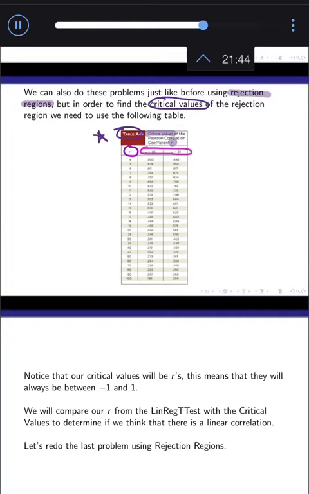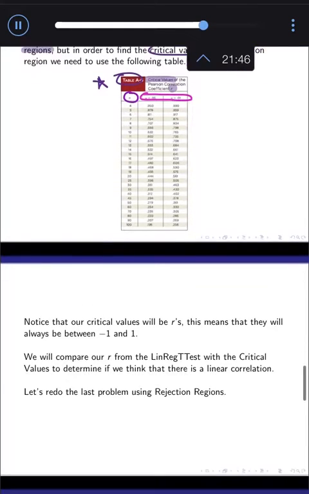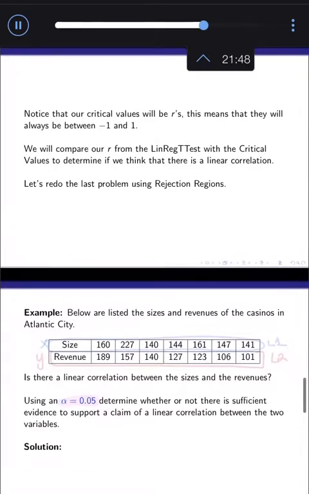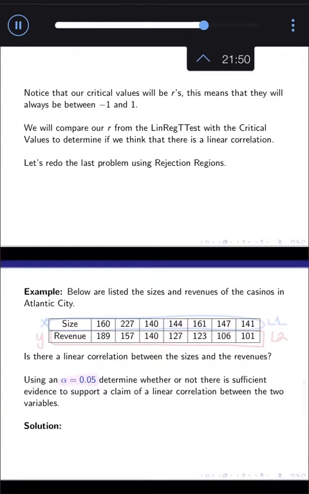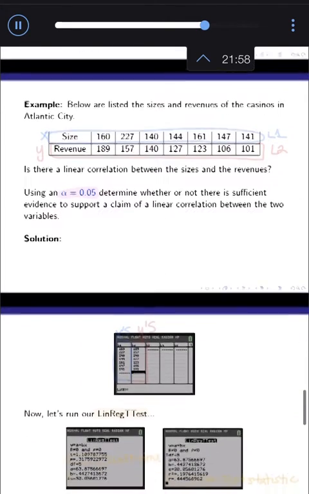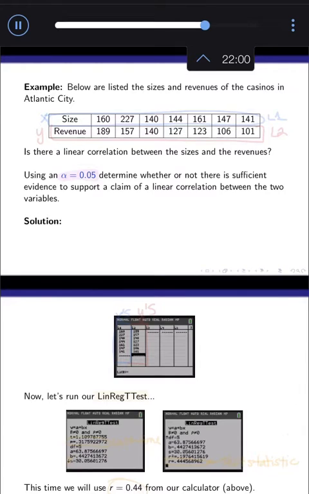So let's go ahead and use our LinRegTTest and the critical values to determine if we think that there's a linear correlation. We're going to just redo the last problem that we just did. So we'll look at the same exact problem with the size and revenue involving casinos. The size is still going to be our X's, our list 1 in our calculator.